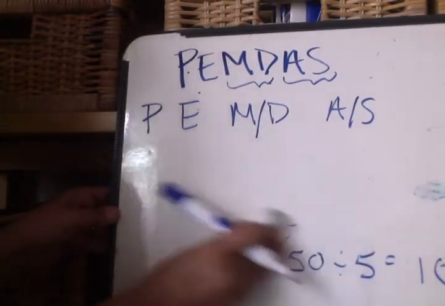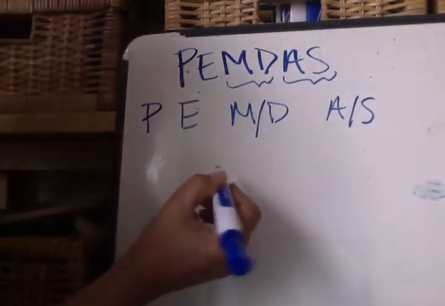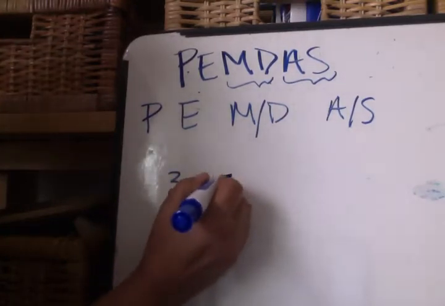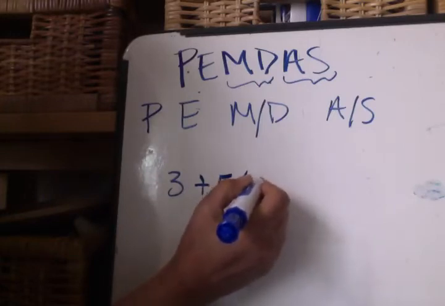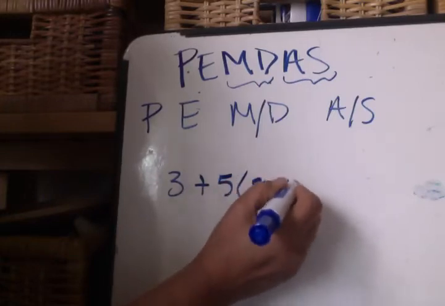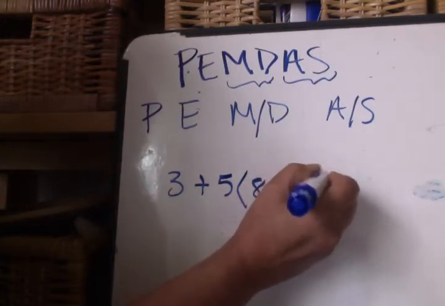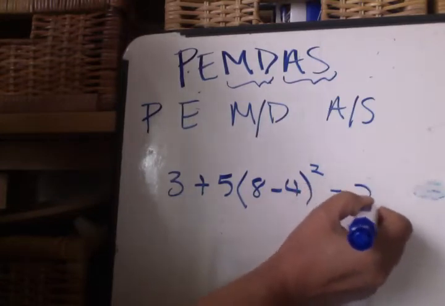Now I can show you maybe a mix. Let's see here. 3 plus 5 times (8 minus 4) squared, minus 2.